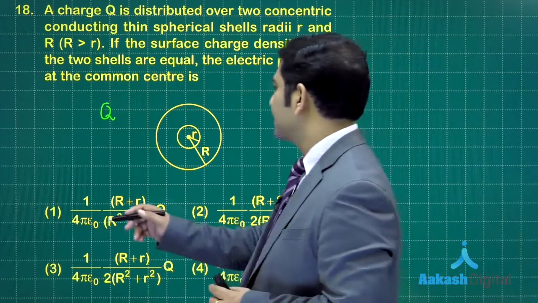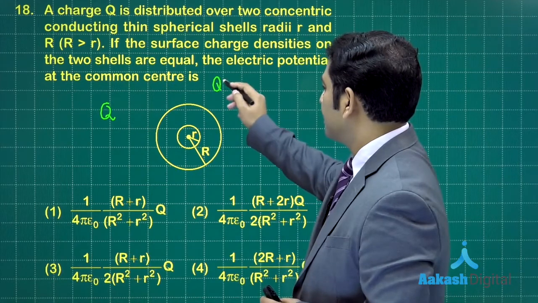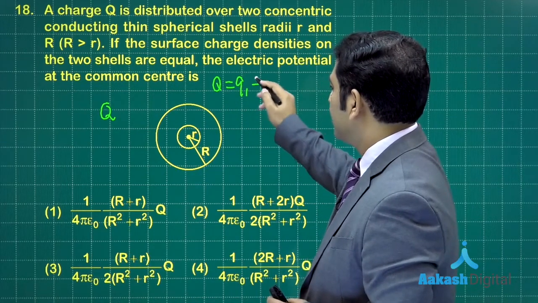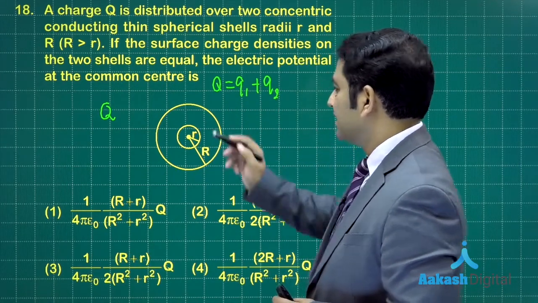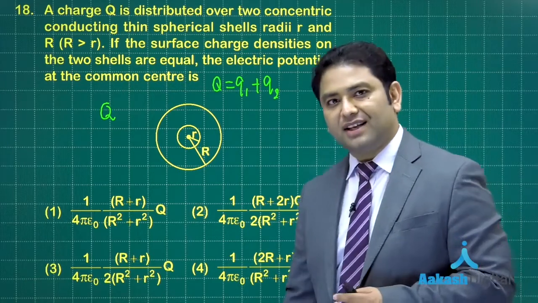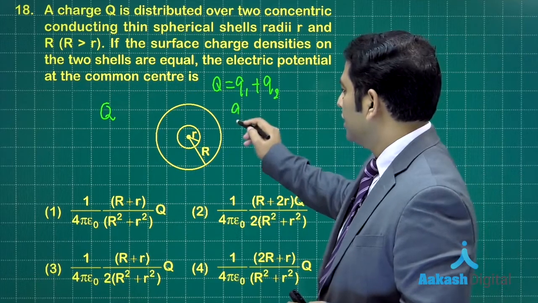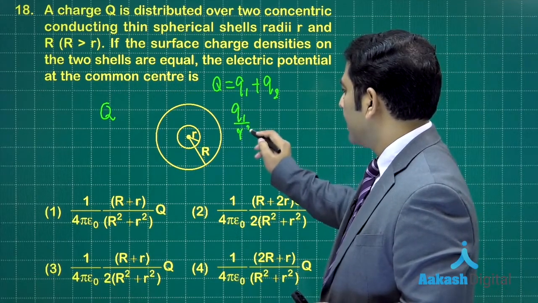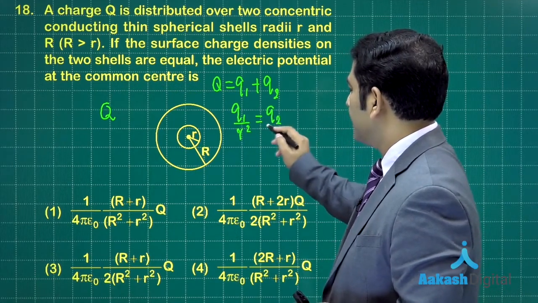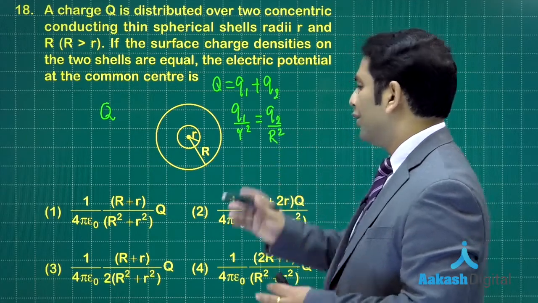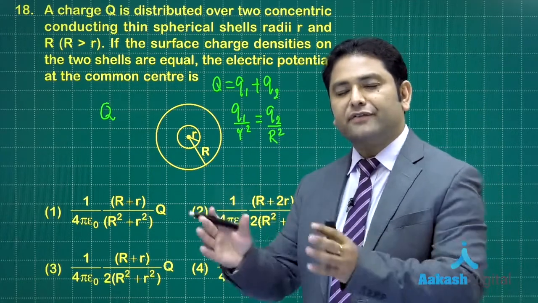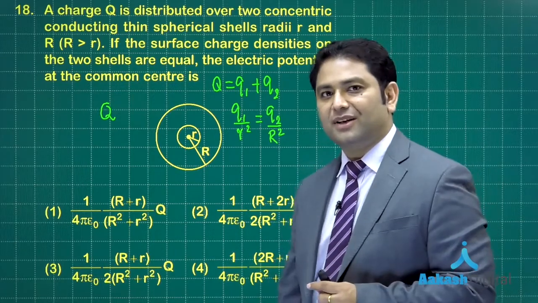So the first thing is that if I generate the equation, let's say Q1 is the charge on the inner, Q2 is the charge on the outer. That's the first. Also, Q1 by small r square will be equal to Q2 by capital R square, all because of the reason that the surface charge densities are equal.